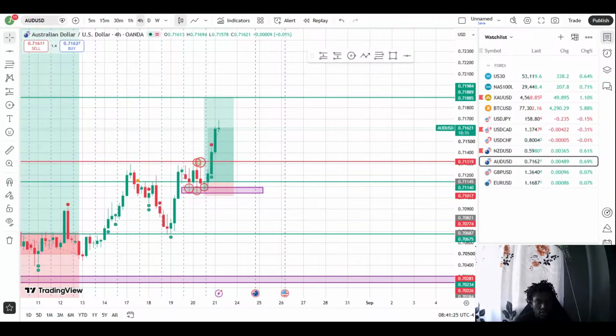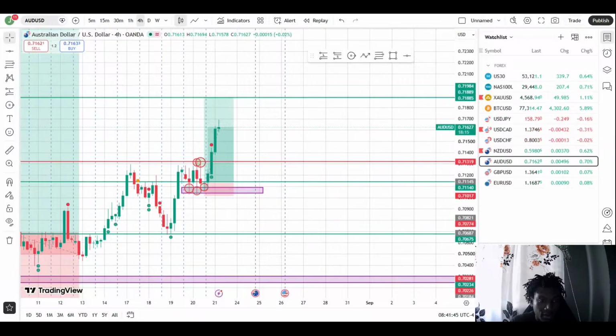Just believe in your strategy and look at what the market is doing. Pay attention to what the chart is showing you. Don't rush anything, man. Just be patient and mark the charts.